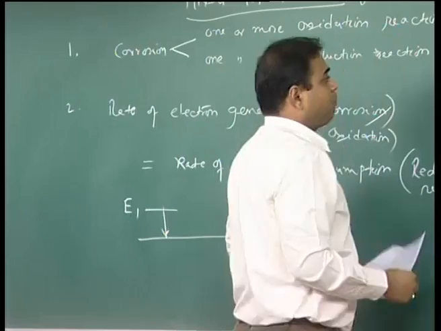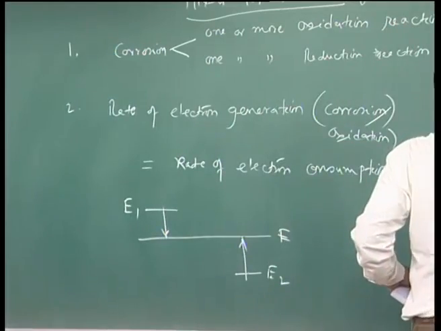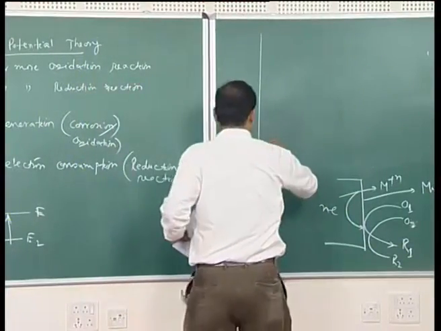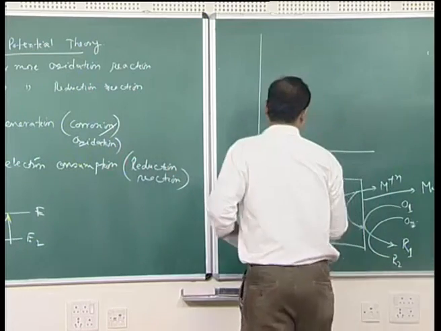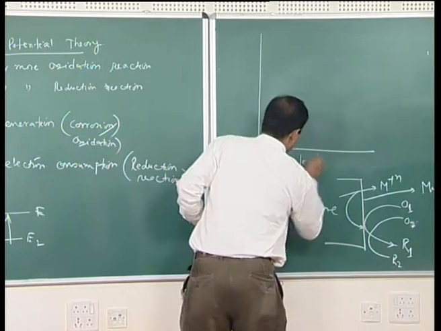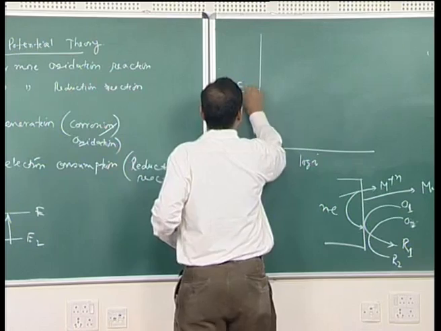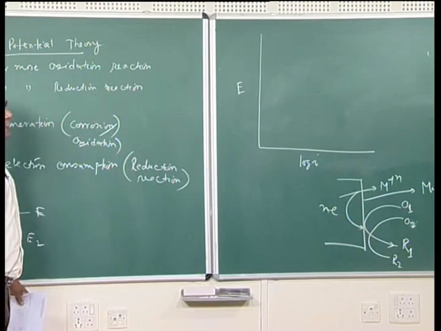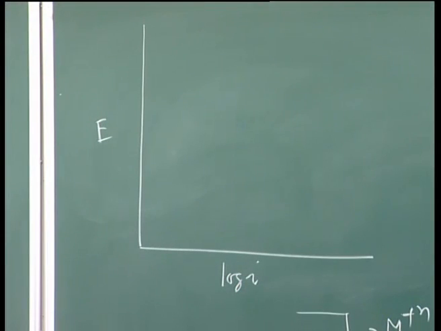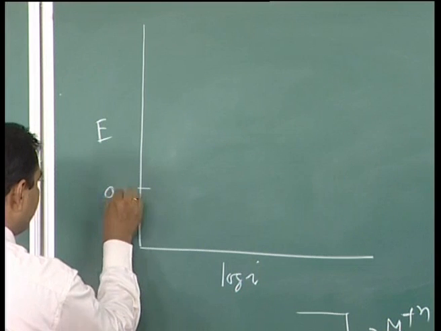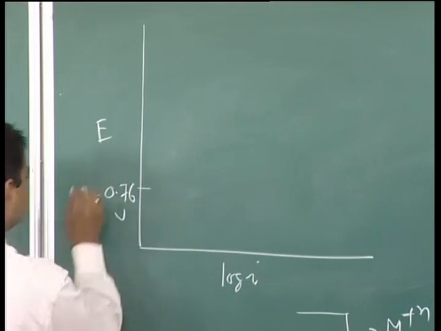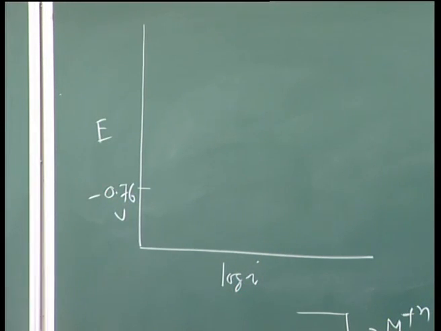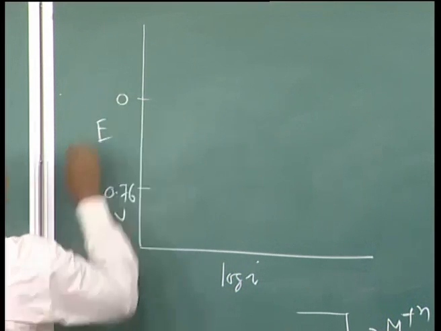Now, let me plot potential versus current, log I. The standard reduction potential of zinc is minus 0.76 volt, and for hydrogen it is 0 volt.